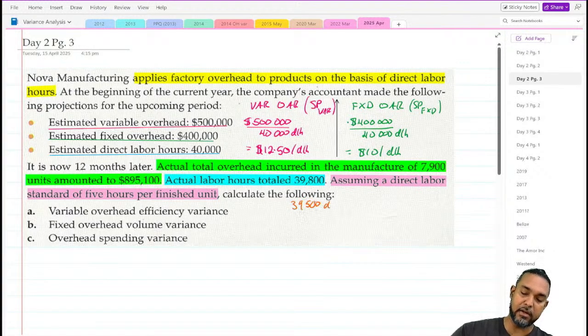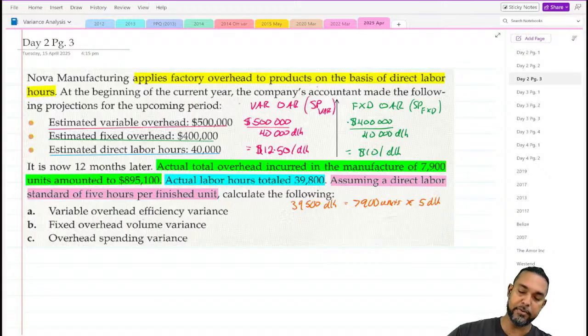That's probably going to jack up an efficiency variance.